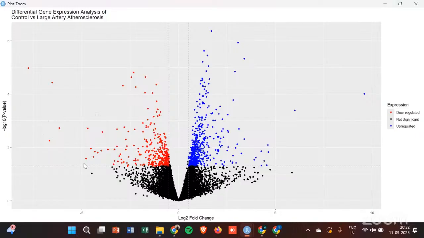If you were to plot that, everything would be squeezed in between 0 and 1, so it becomes difficult to visualize. That is why you take a negative log of the p-value. For example, a p-value of 0.05 translates to a negative log p-value of 1.3.